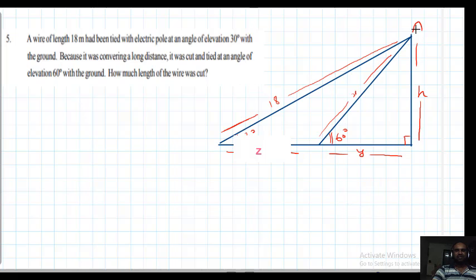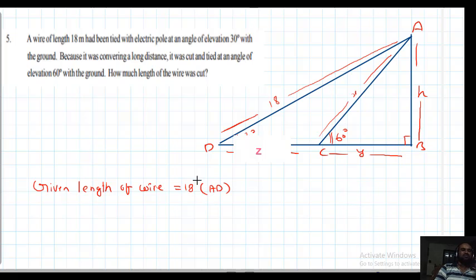First of all, this is A, B, C, D. First step, given length of the wire, 18 in bracket BAD.